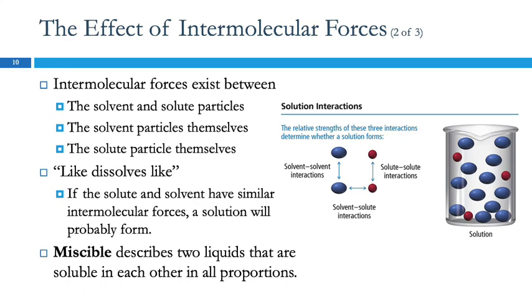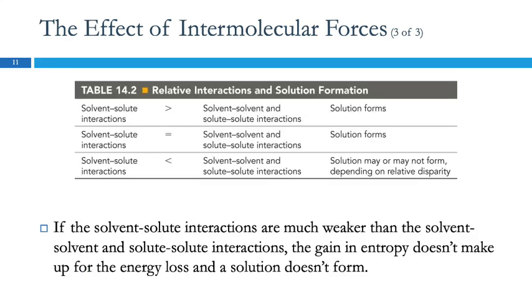Okay? The word miscible describes two liquids that are soluble in each other in all proportions. I think we did see that word before. Miscible is kind of like mixable. So if we've got solute-solvent interactions that are weak, then the gain in entropy from the mixing doesn't make up for the loss in energy, and a solution won't form.